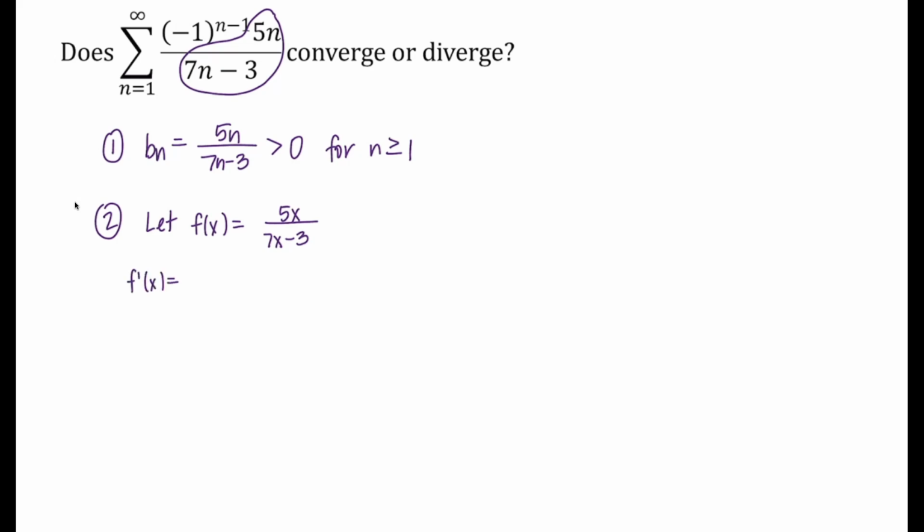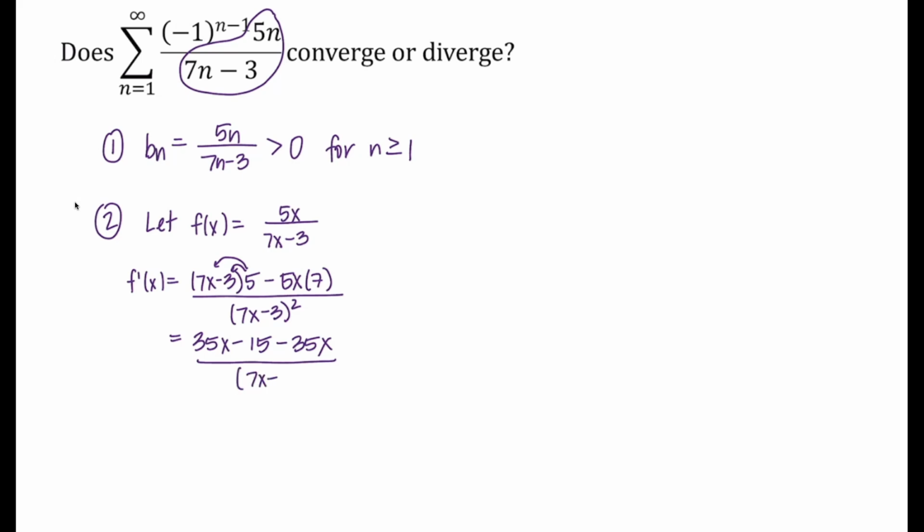So f prime of x is equal to 7x minus 3 times 5, so bottom times the derivative of the top, minus the top 5x, times the derivative of the bottom 7, all over the bottom 7x minus 3, all squared. So we have, distributing the 5, 35x minus 15 minus 35x over the quantity 7x minus 3, squared. The 35x's cancel, so just negative 15 over 7x minus 3 all squared.